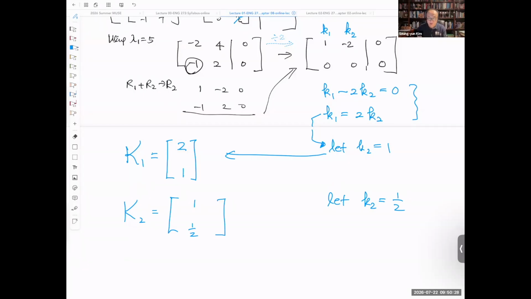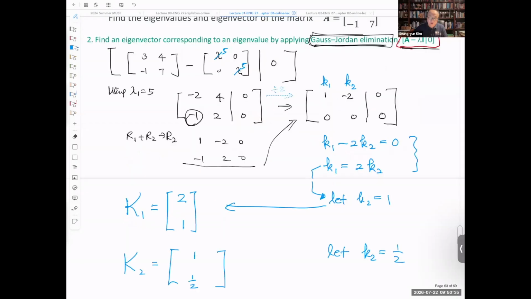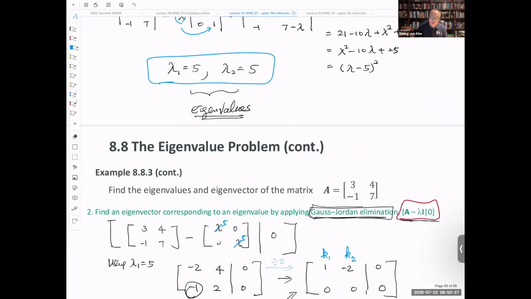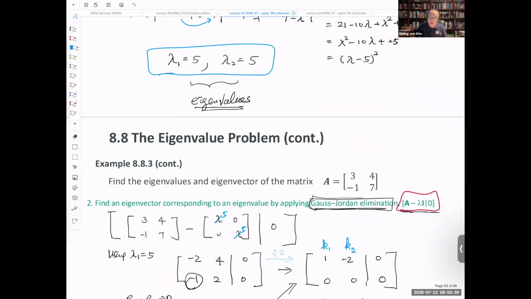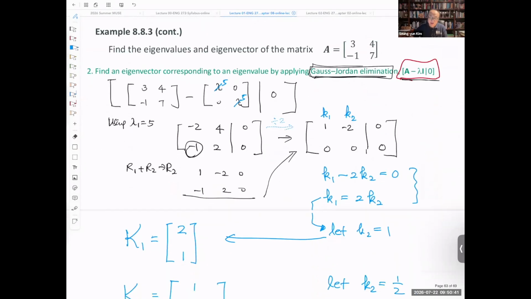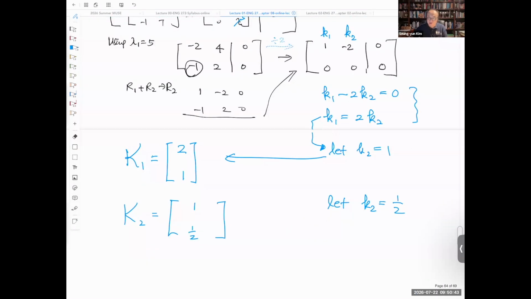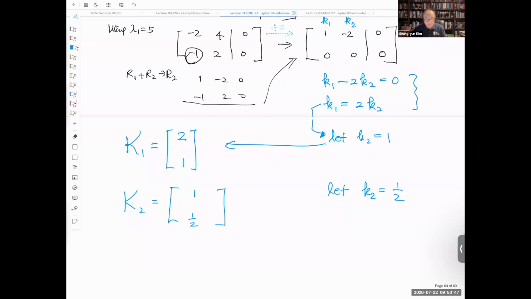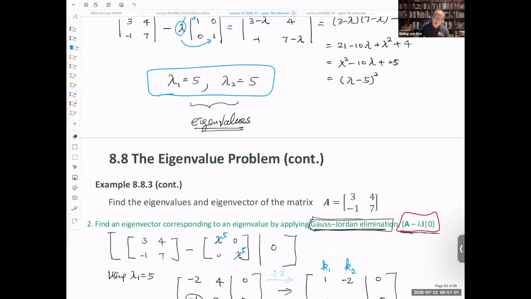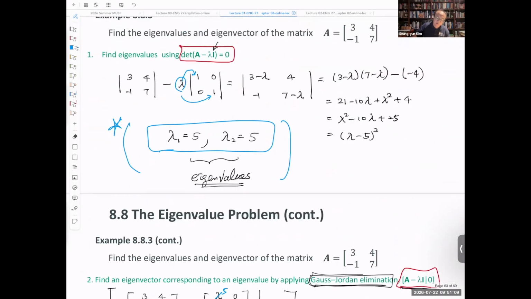So again, there are an unlimited number of these cases, but you need to show me just two because we have two same eigenvalues. If they are two different eigenvalues, then you need to use two different relationships to give me two different eigenvectors. So this is your final answer. So I want to see how you calculate these eigenvalues first, using what?